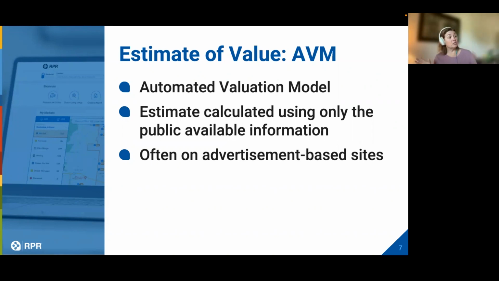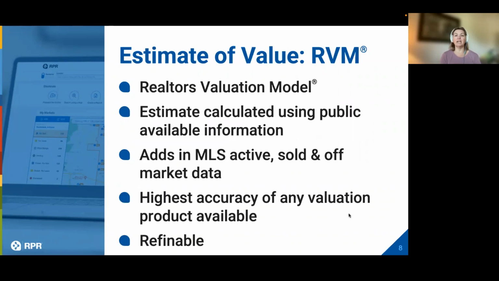So any consumer can go to Google and type in what's my home worth. They're going to get thousands of websites, billions of websites actually, where they can pick a site, throw in their property address, and it's going to spit out a value. Those sites use publicly available information. So they're looking at sales from public record data.